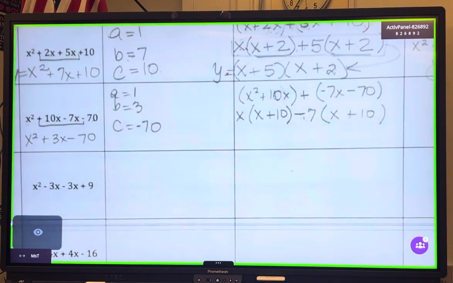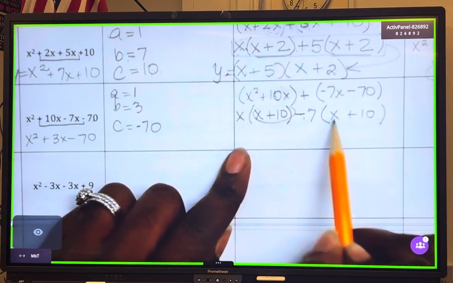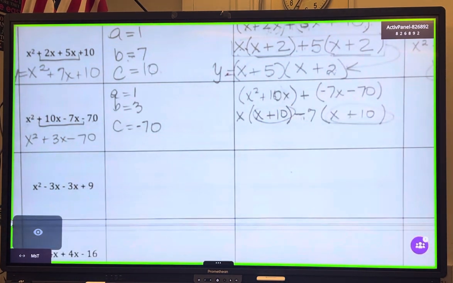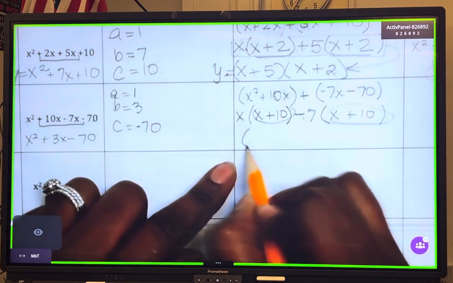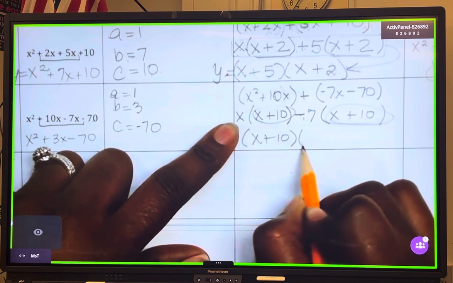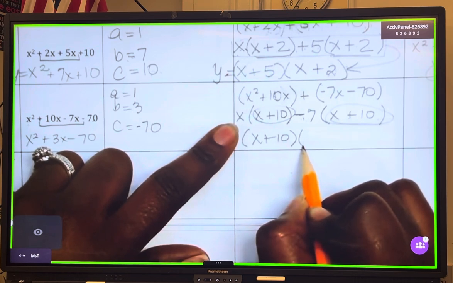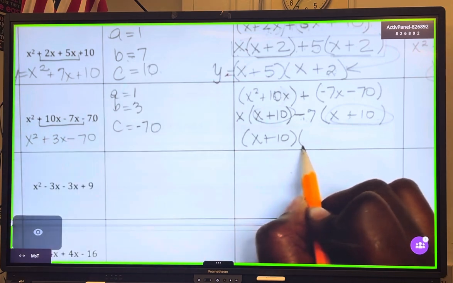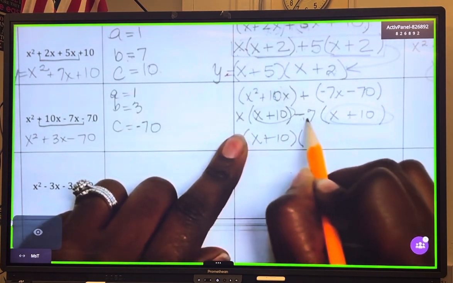Are y'all following? Now, because these two are already the same, how can I rewrite this so that I have two binomials? X plus 10, okay, times what? What is being multiplied by x plus 10? Not just the negative 7, but also the what? The x. So wouldn't this be x minus 7?